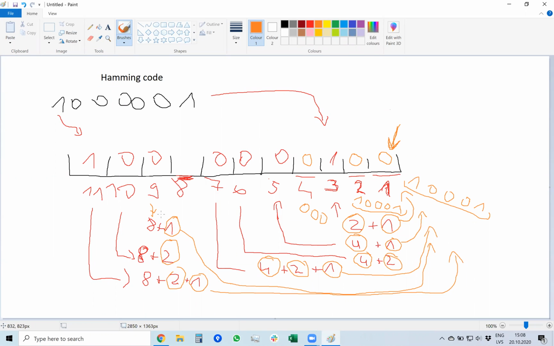And next 8, 8 is for bit 9, 10, and 11, which is 0, 0, and 1. To make the number of ones even, we need to add 1. So now it will be even. So the parity bits turn out to be 1, 0, 0, 0 in this particular example.